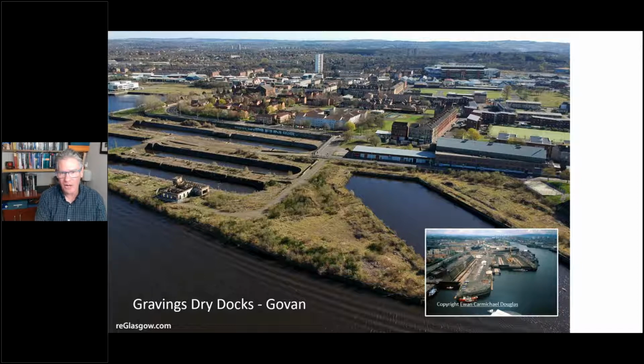And I wonder whether that would happen if it was a site in, say, the centre of London or one of the more wealthier suburbs. So great piece of property, but a bit of a tragedy that the people of Govan really can't make good use of this site.